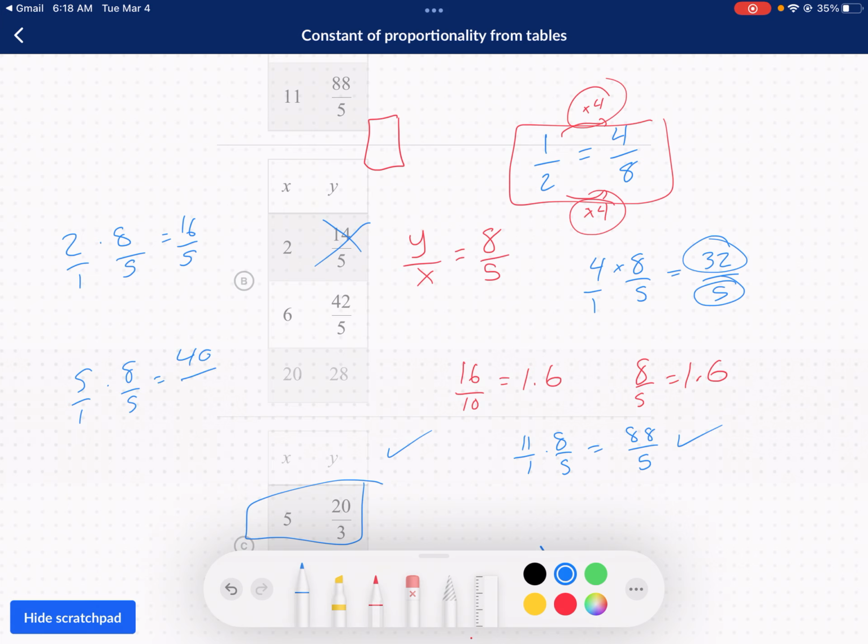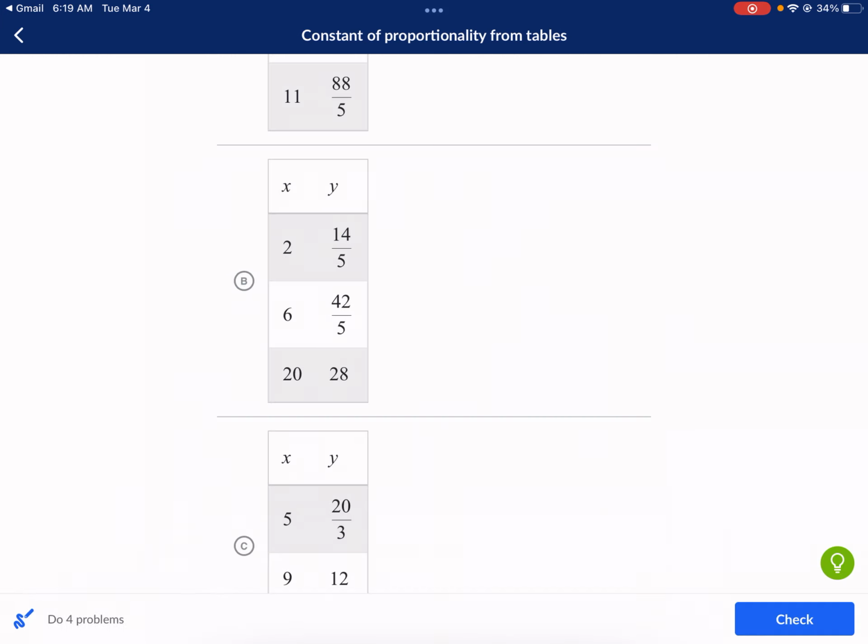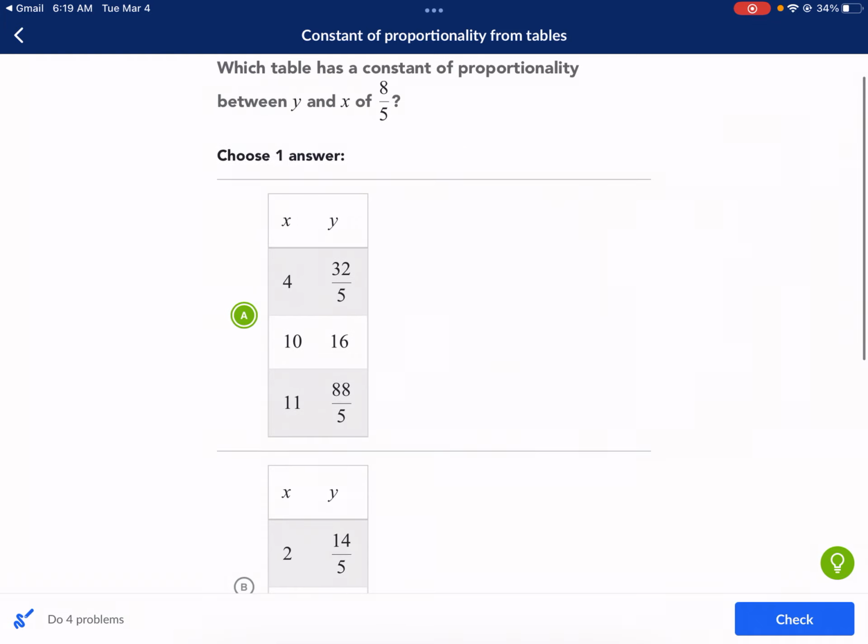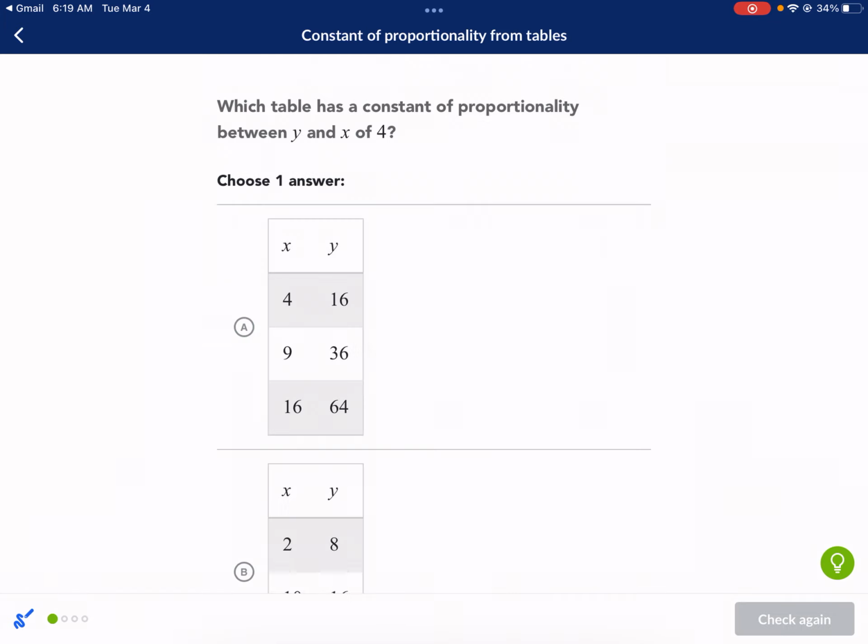And that would give me 40/5, which is not 20/3. So I know that one's incorrect also, based on just 1 point. So really, I just need to test 1 point. But I should test all of them. If all of them check out, then that's going to be my answer. But just having one that's incorrect automatically eliminates it.